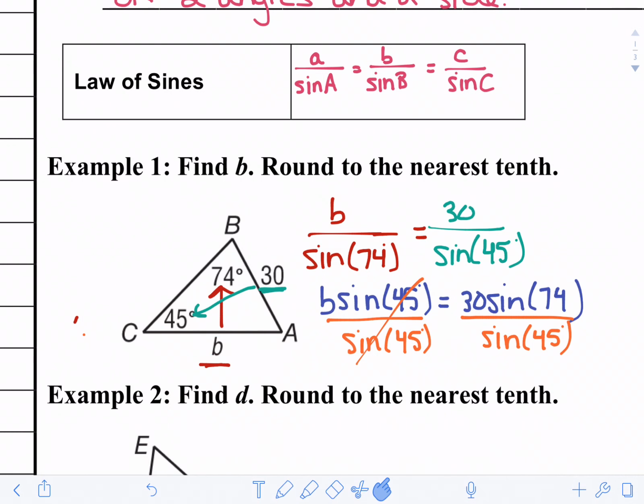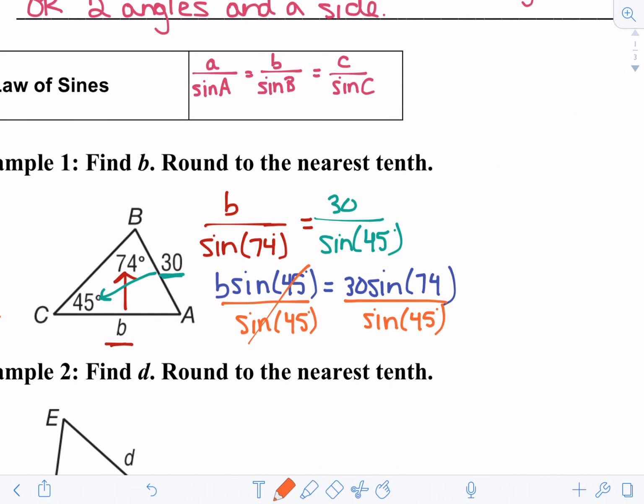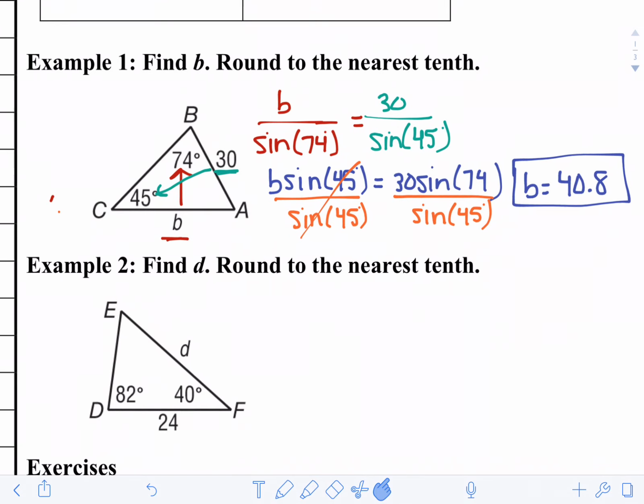In your calculator, you type in 30 times the sine of 74, hit enter, and then divide that answer by the sine of 45, hit enter, and we're rounding to the nearest tenth, so it should come out to 40.8. There are no units on here, so whatever units it would be, feet, centimeters, whatever, that's the length of that side. Also, make sure your calculator is in degree mode. If it's not in degree mode, you won't get the right answer.